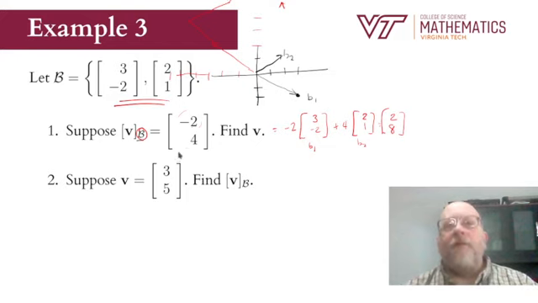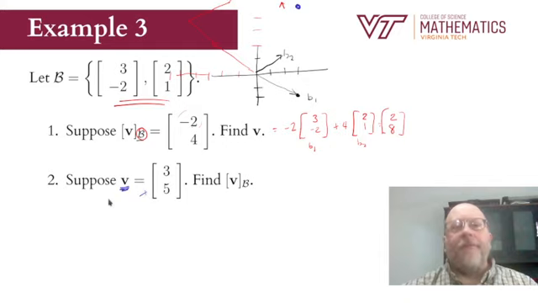The second question, though, is a little trickier. If we want to look at the point (3, 5), and there's no B here, this is standard (3, 5). The question is, how do we find that point using B coordinates?